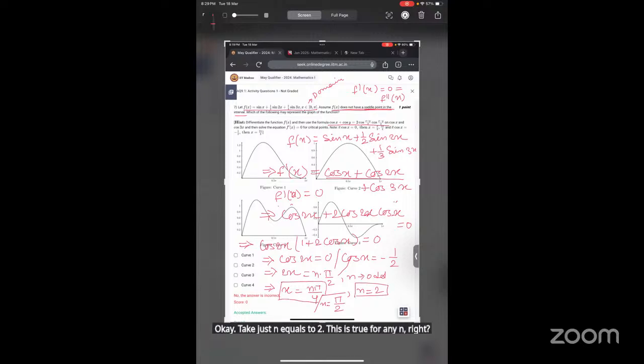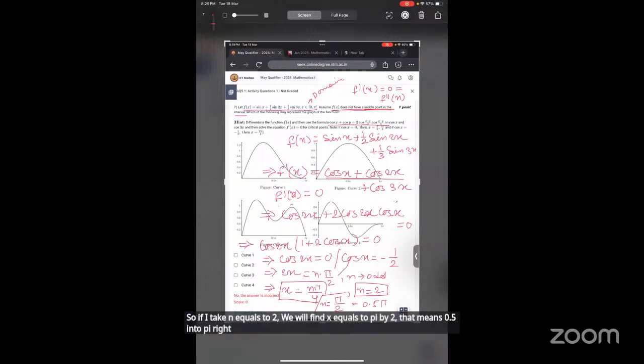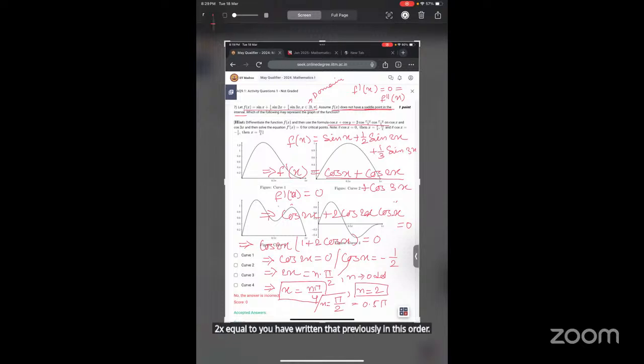If I take n equals 2, then x equals pi by 2, that means 0.5 pi. But you will get 0 only when n is odd, no? In the previous slide n is odd. Here n can be any number, or not a multiple of 4.